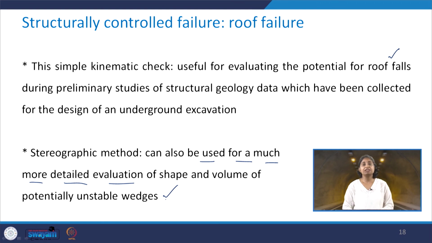So, it not only helps us find out whether the roof wedges will fall into the excavation under gravity or not, but at the same time we can get an idea about the shape and the volume of potentially unstable wedges from the stereographic plots. We will see how we can determine the shape and the volume of the unstable wedges in the next class. Thank you very much.